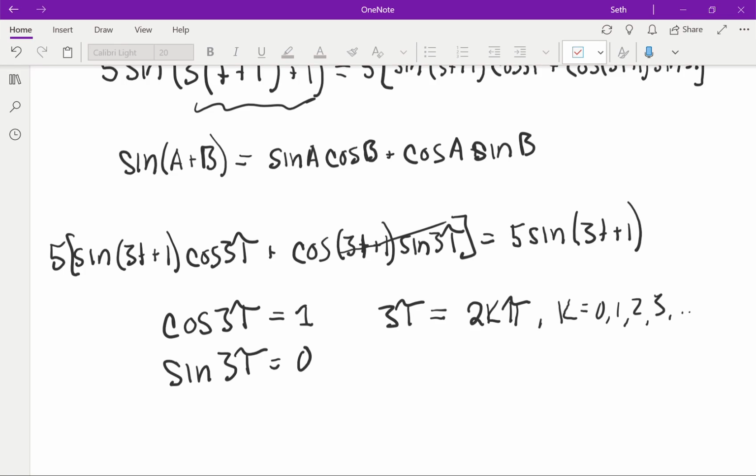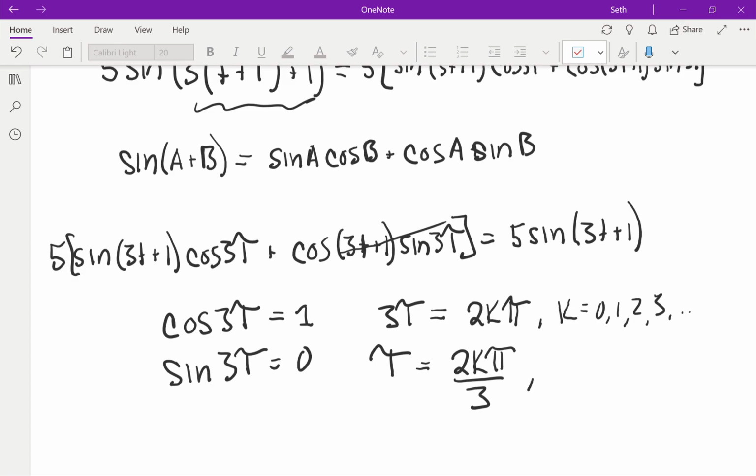K is constrained to be an integer. If k was, say, not constrained to be an integer, it could be a rational or irrational number. This is not necessarily going to be a true statement. Okay, so then we can see that the period for this function is just 2k pi divided by 3.